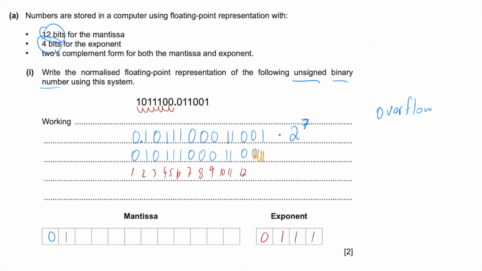Well, really just too many digits in general. So we're going to lose some precision, but we can still represent the value this way by cutting out the last two digits. So we're going to end up with an answer of 0, 1, 1, 1, 0, 0, 0, 1, 1, 0.